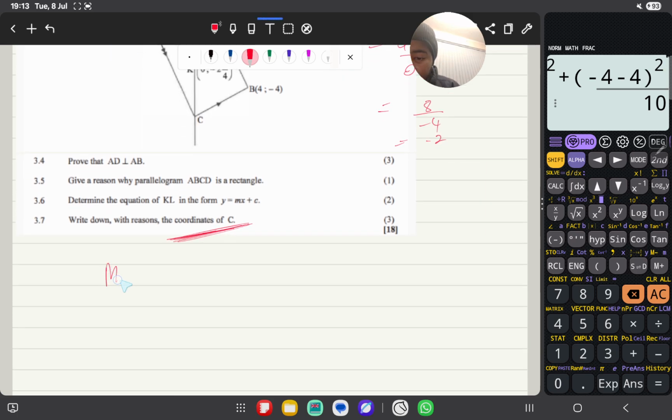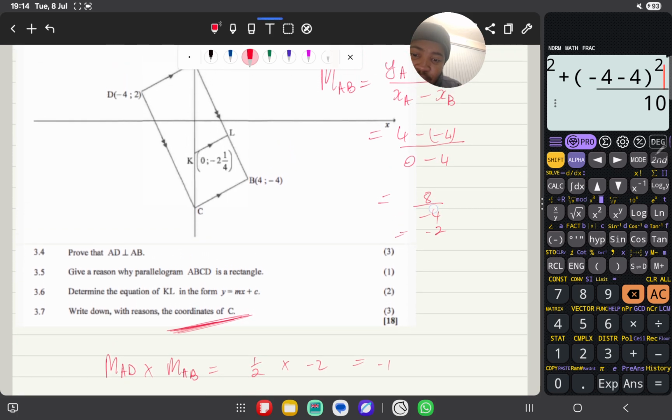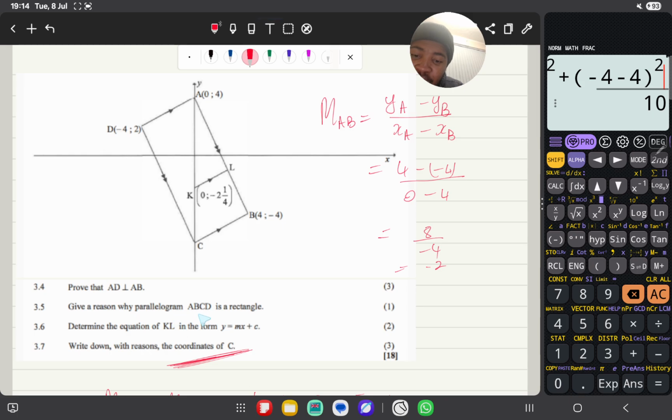So you would say gradient of AD multiplied by gradient of AB equals 1 over 2 multiplied by negative 2, which is negative 1, and therefore AD is perpendicular to AB. Right, we're getting closer. And then they say give a reason why this is a rectangle. Opposite sides are parallel, right?